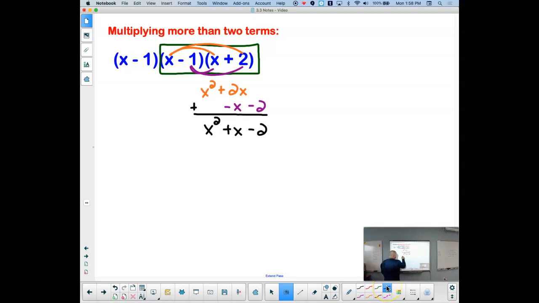Now that is still going to have to be multiplied by x minus 1.